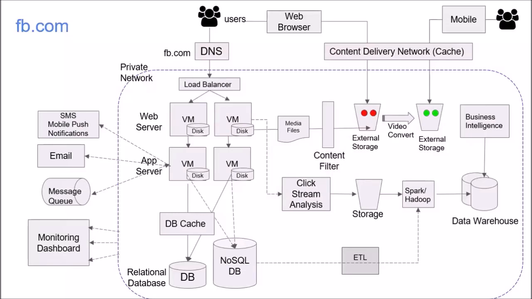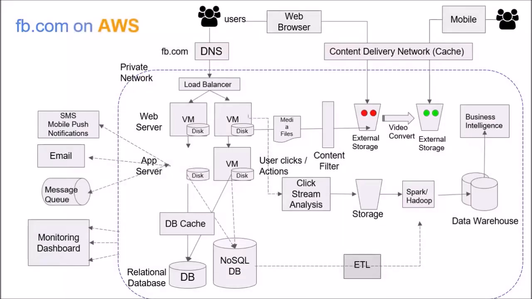And now let's see, if we want to do the same thing on AWS, how we would do this. First thing, this private network that you see here, in the AWS world is called VPC, Virtual Private Cloud.